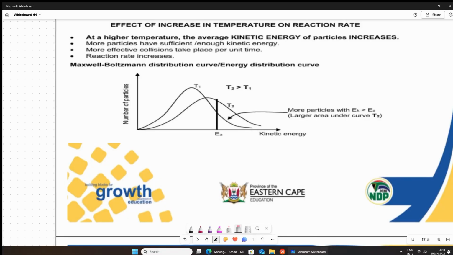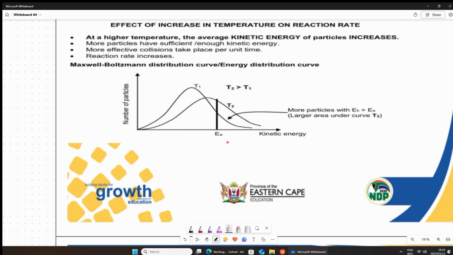Again, consider the effect of the increase in temperature between the graphs labeled T1 and T2. Which graph has got a higher temperature? As you can see, it's T2, because the area under the graph beyond the activation energy is greater. This means that there are more particles having kinetic energy equal to or greater than the activation energy.